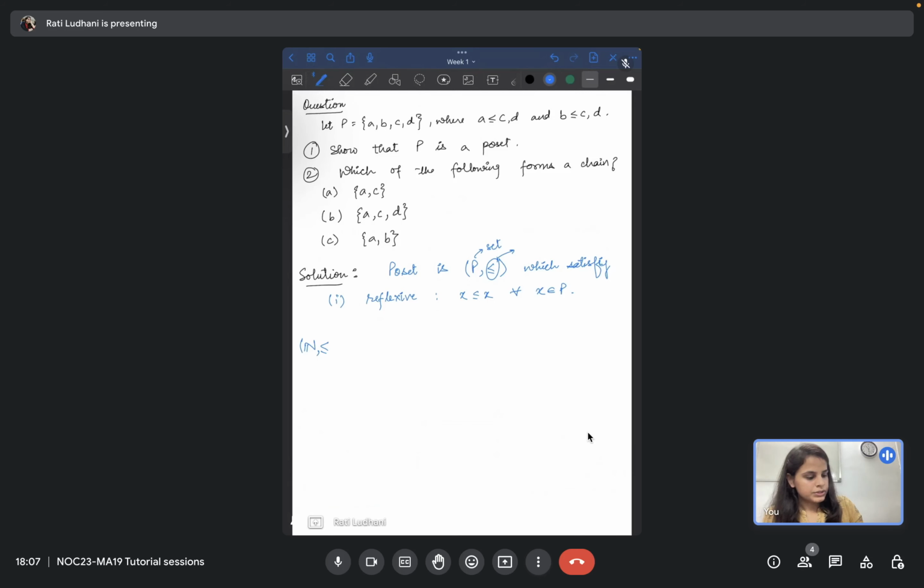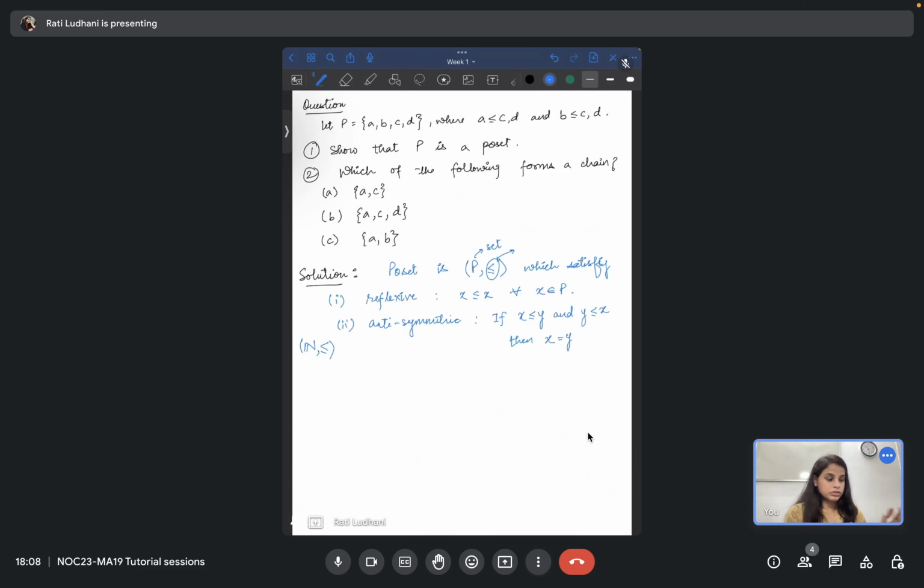Okay, second one, antisymmetry. That means if x is less than or equal to y and y is less than or equal to x, then x is equal to y.